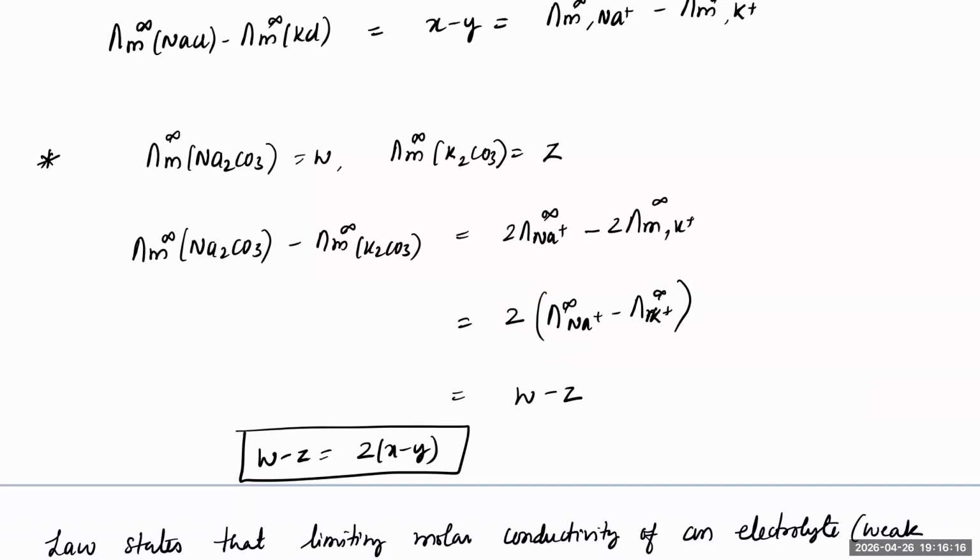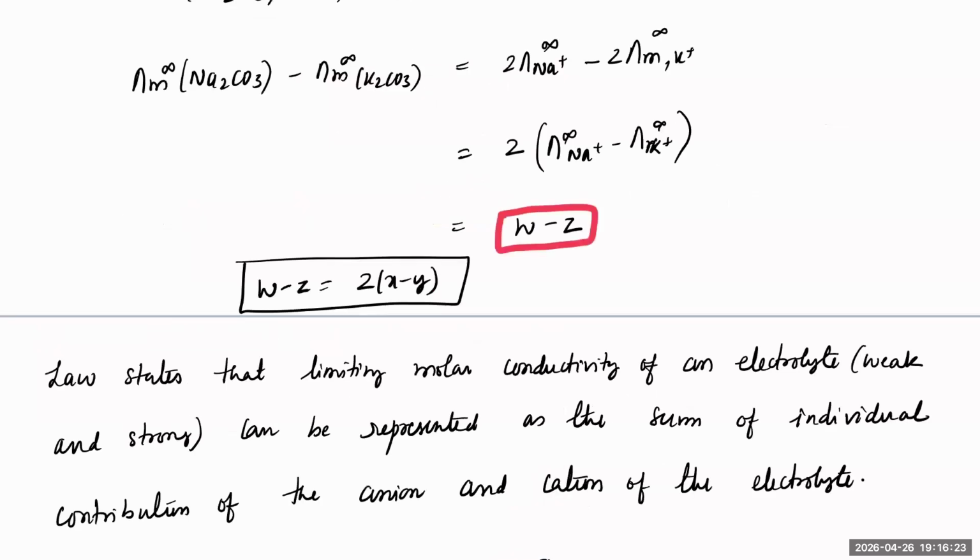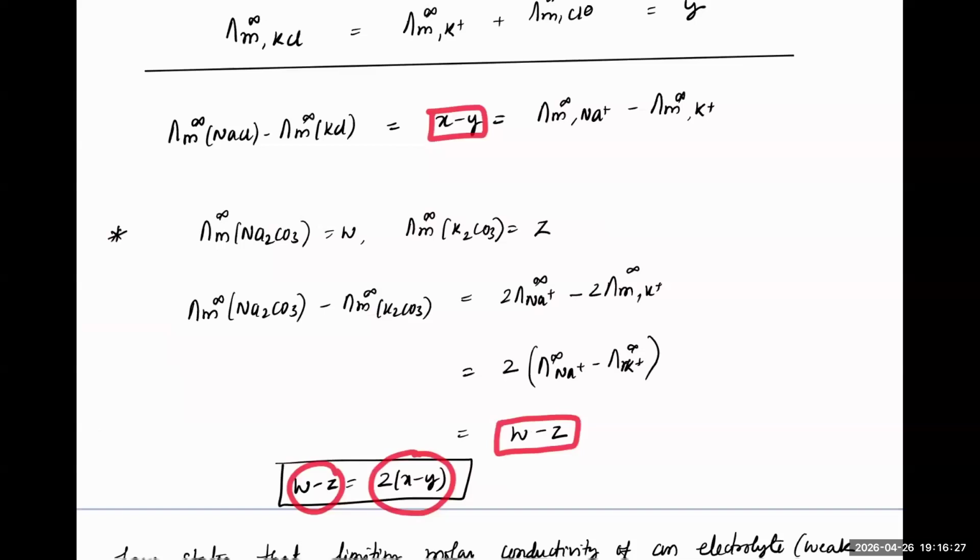Now here you are getting this as W minus Z, and above you are getting it as X minus Y. So this relation is W minus Z is equal to 2 times X minus Y. So therefore, at infinite dilution, every individual ion has its own value, and that is the same whether it is derived from X salt or a Y salt or a Z salt.